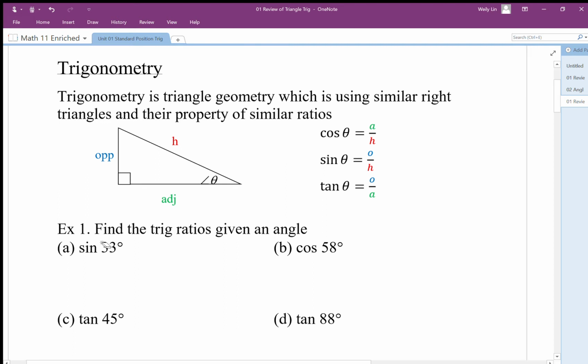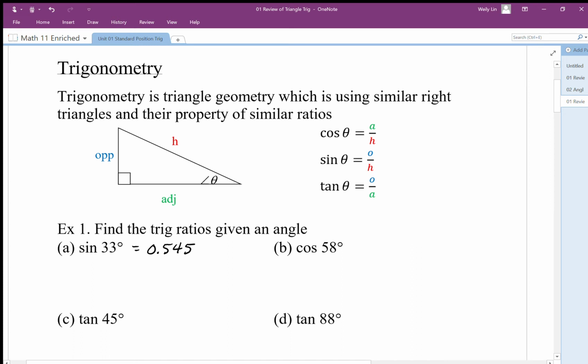To go from the angular description to the ratio description, we need to be able to translate that. Sometimes we can translate without a calculator, but very rarely. We often need to put it into our calculator, and the calculator is what translates between the angular description of shape and the ratio description of shape. So when I punch in sine 33 on my calculator, I get 0.5446, so I'm going to round that to 0.545.